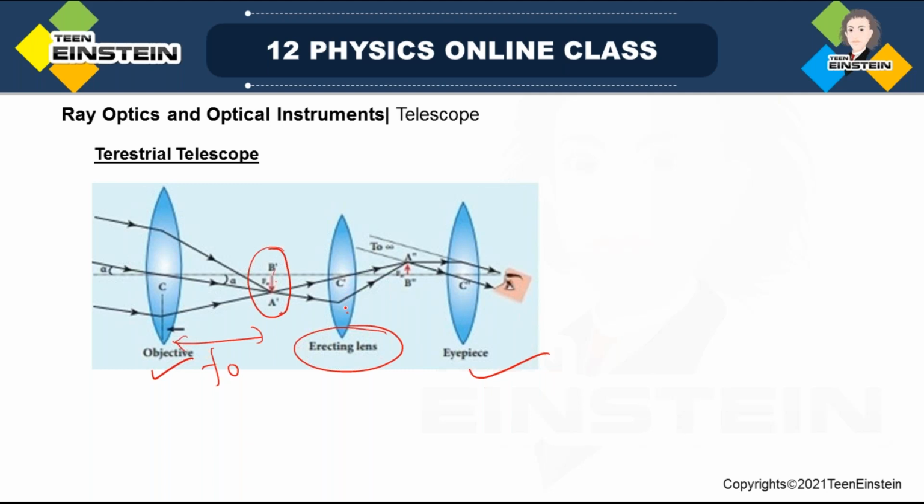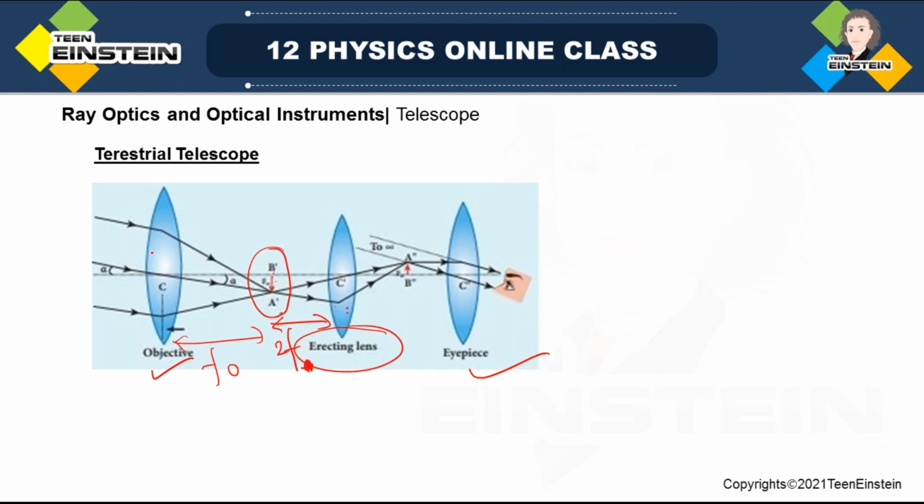And look, this erecting lens is adjusted in such a way that the image created by the objective will be exactly at 2f distance of its own. So the object is at 2f distance from this erecting lens.